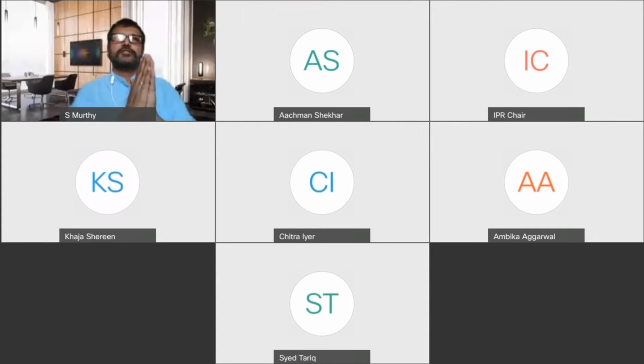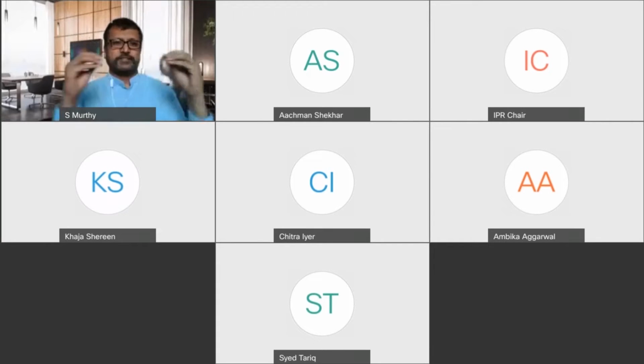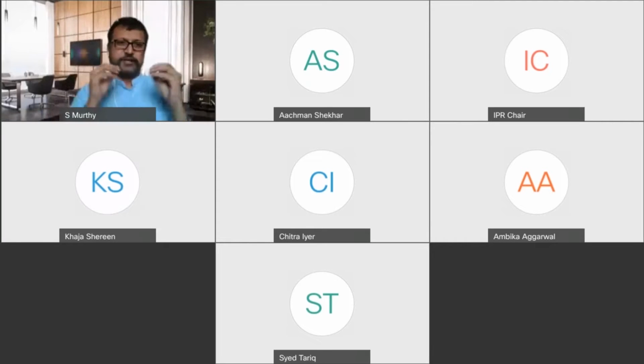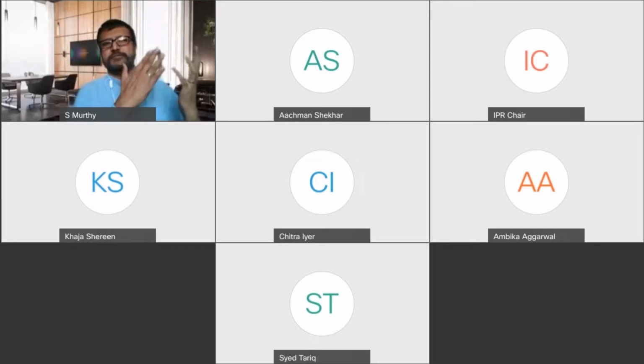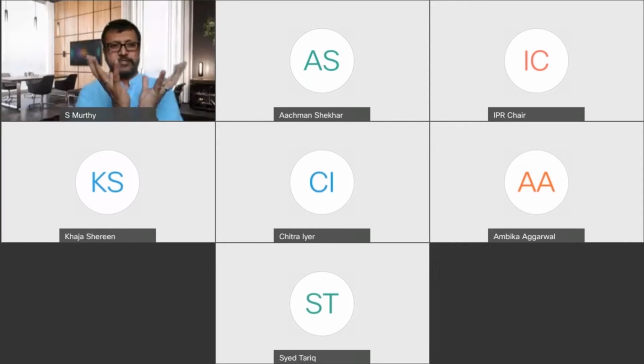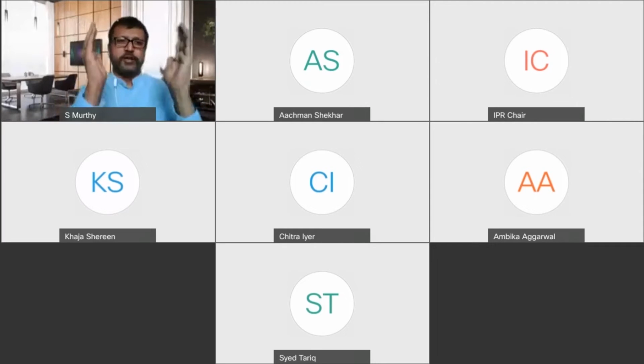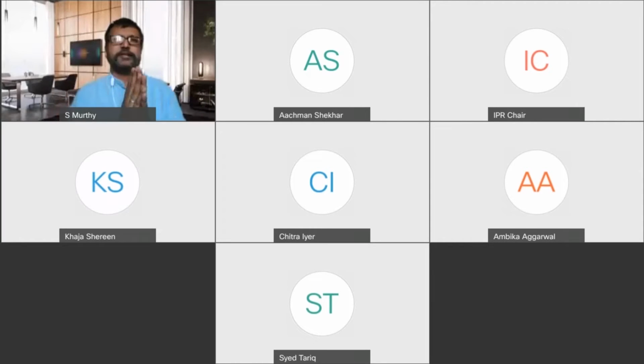Likewise, we have IEEE, which sets standards for wireless communication, wireless fidelity. For example, IEEE 802.11, the suite of all those technical specifications and standards, fall into wireless fidelity standards, right?